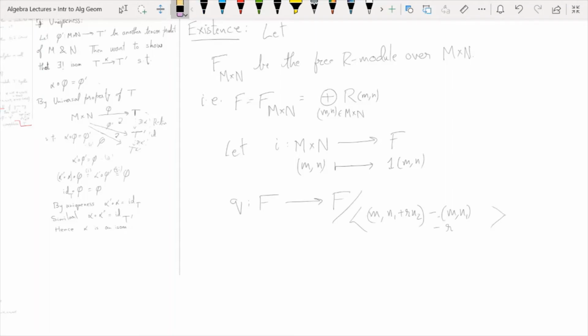Whenever there is nothing, it means there is 1. So you should have this relation there. Okay, let me write it a little more neatly.